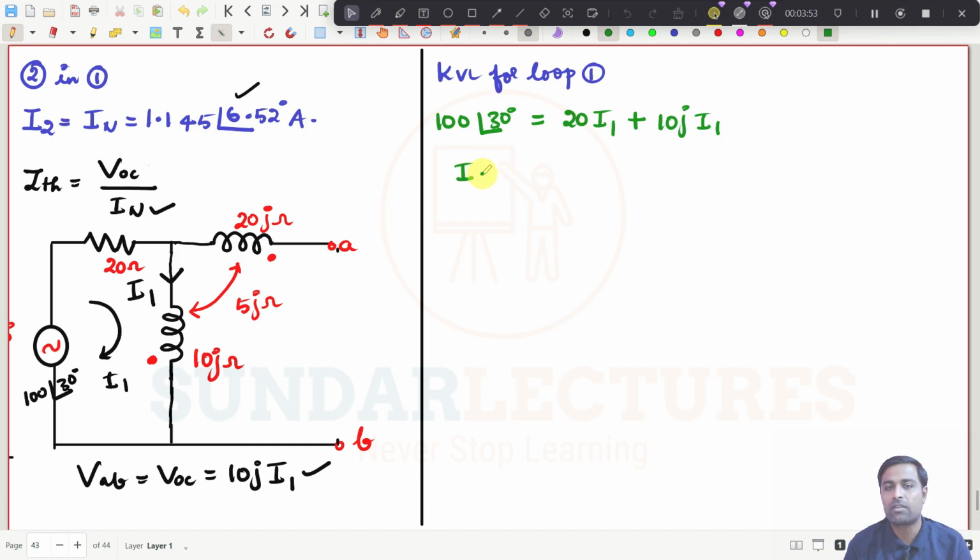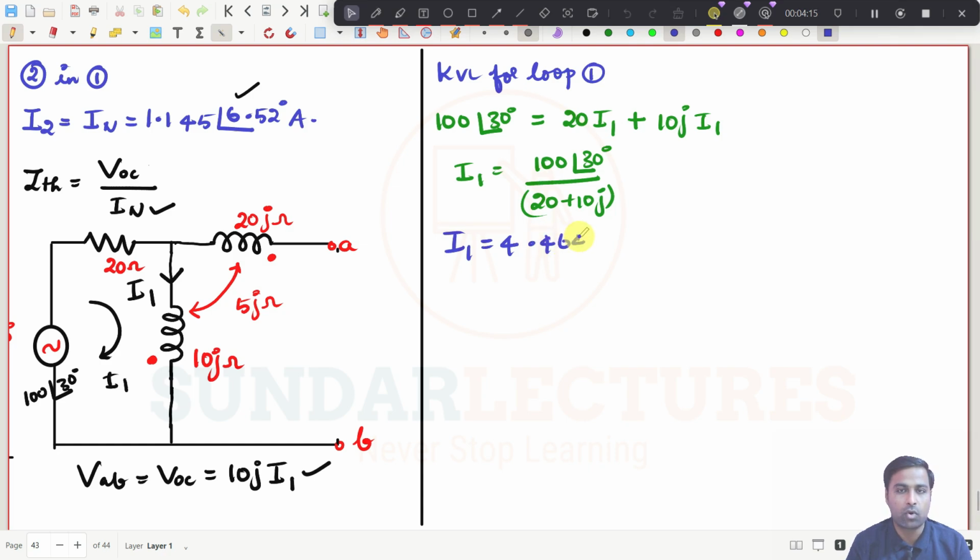Maybe I will straight away write it down. I1 will be equal to 100 at an angle of 30 degrees divided by, if you take 10 commonly outside, 20 plus 10J. Simply. So what is the I1 I am getting here? If I do so, I1 I am getting to be 4.464 plus 0.2668J.